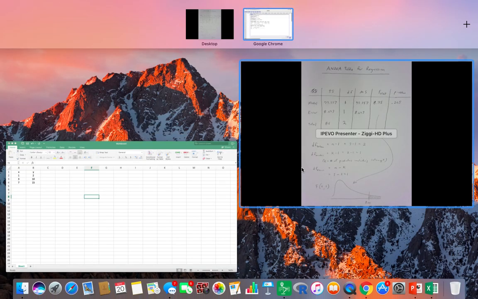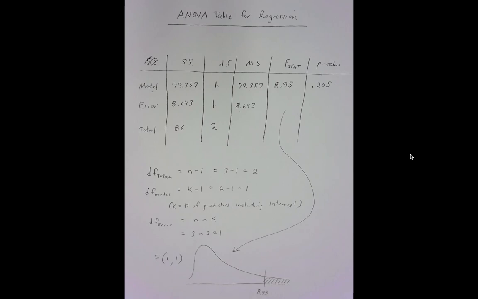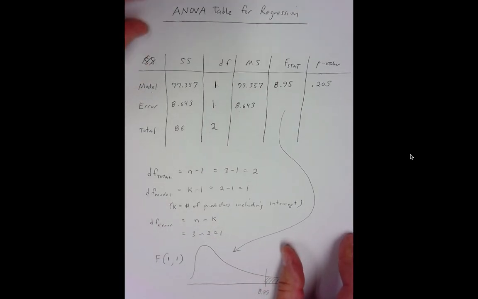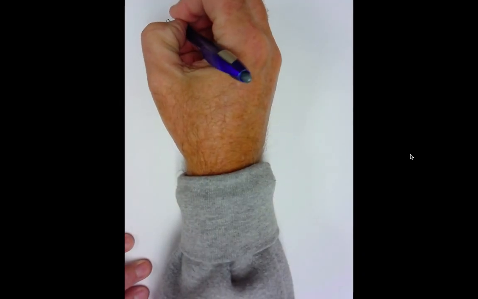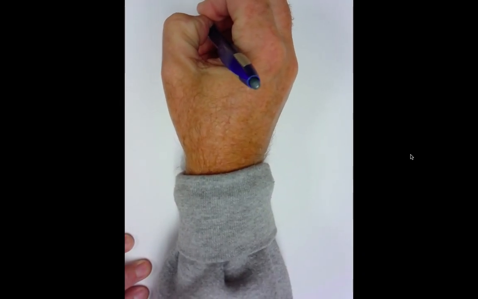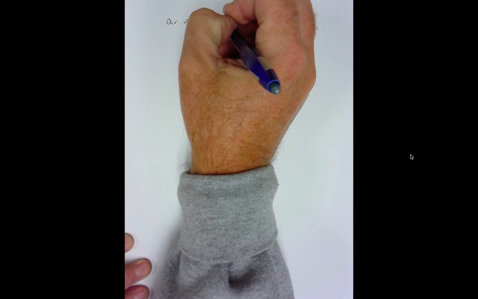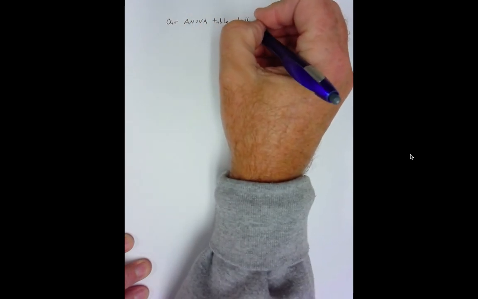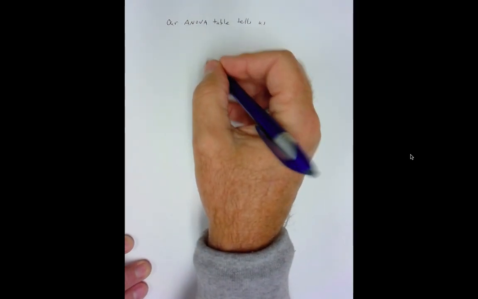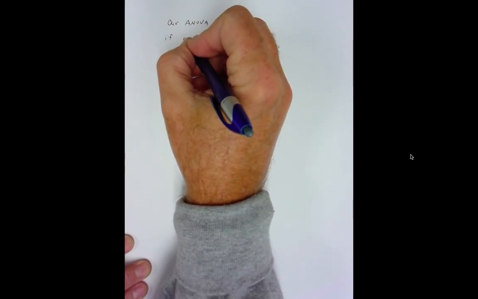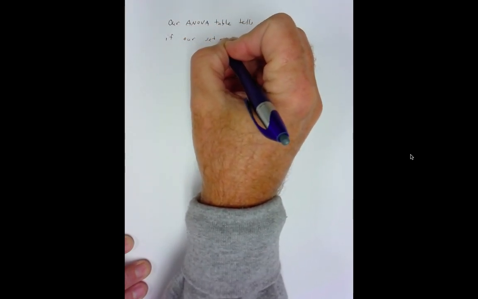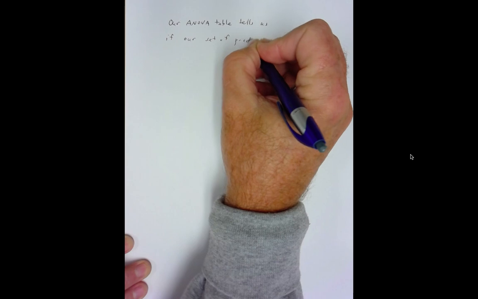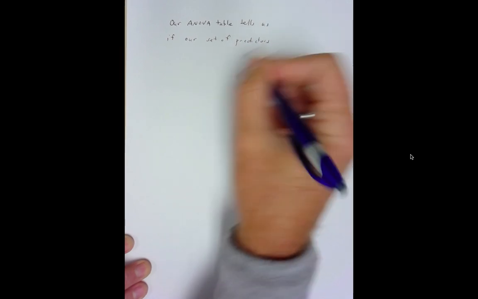Now, guys, what does this tell us? The ANOVA table tells us if our set of predictors predicts Y significantly. Now, set of predictors, you might come over here and say, Dr. Darbo, you only got one predictor.